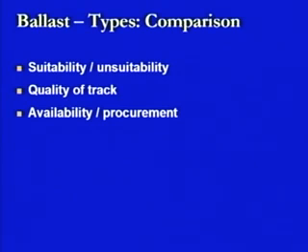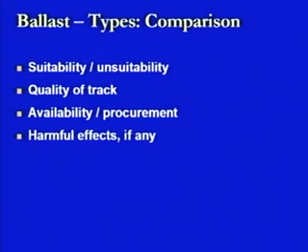Availability and procurement is another aspect. Most of the time it is tried to procure the material from locally available sources, otherwise it adds to the transportation cost and the overall cost of construction will increase.